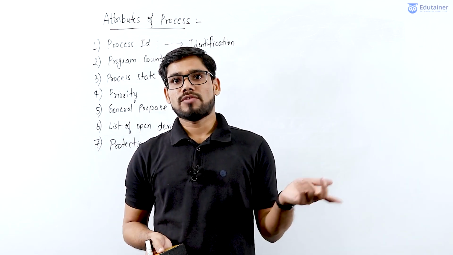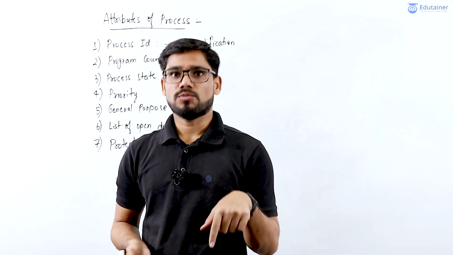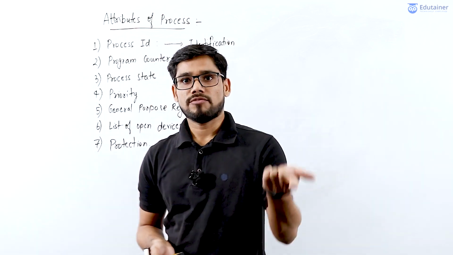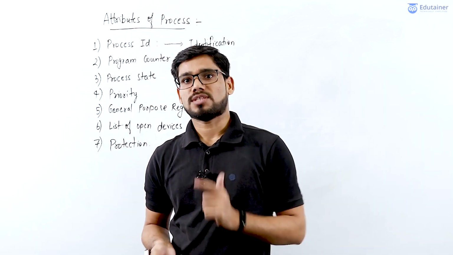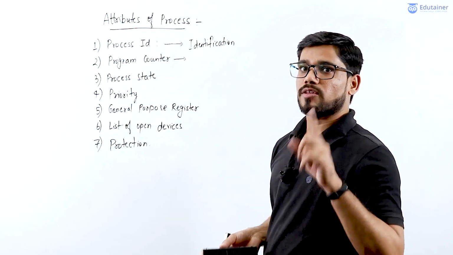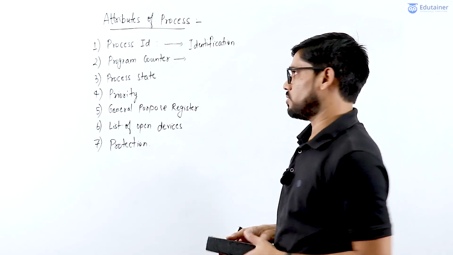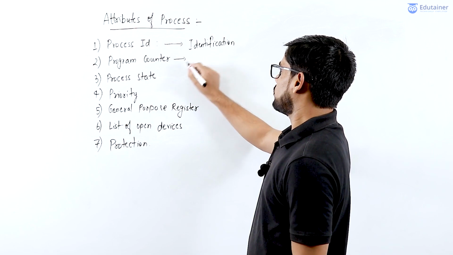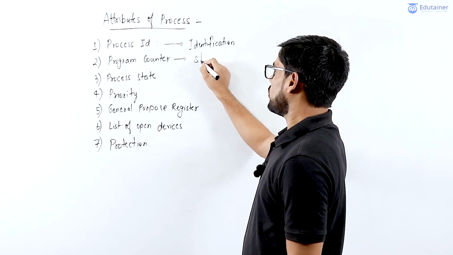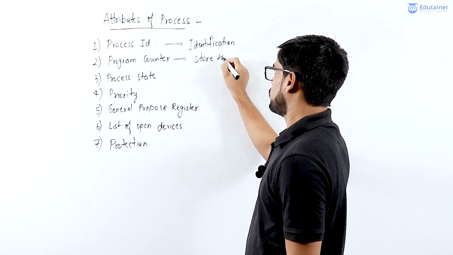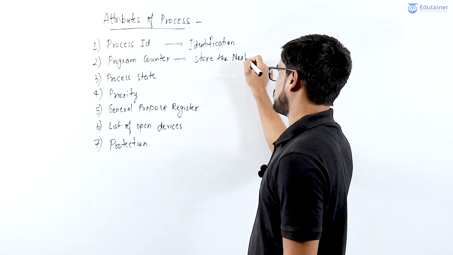Then whenever it resumes its job, it will start from instruction number 7. So instruction number 7 will be stored in the program counter. So program counter is used to store the next instruction to be executed.